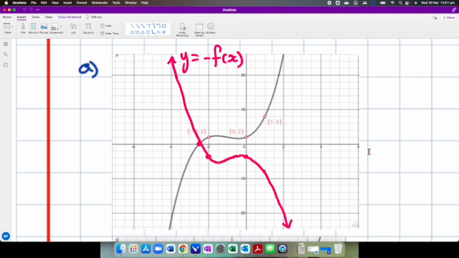So why didn't you flip it on the y-axis? Because the question said to flip it on the x-axis. Because when it says sketch negative f of x, that says reflect over the x-axis. Negative f of x is flip over an x-axis. How would you know when you flip on the y? What do you think?